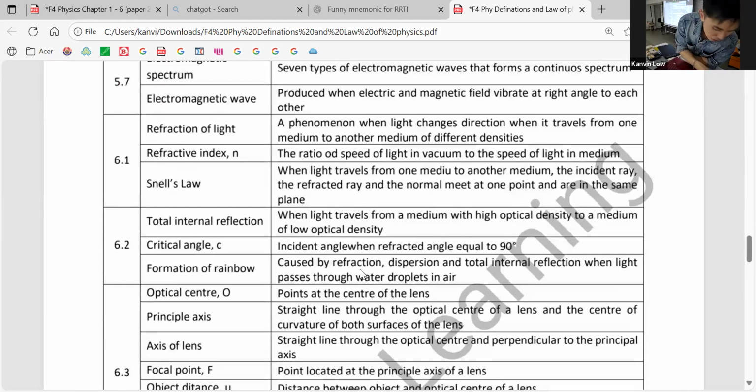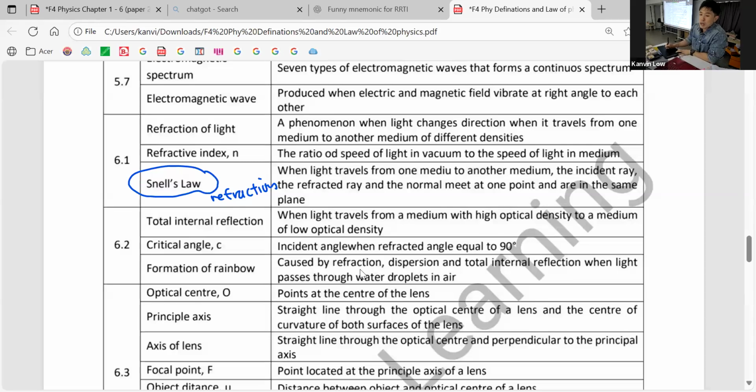Now I'm going to explain to you guys what is Snell's law. Snell's law is the law of refraction. So if there is a refraction question and they ask you what is the law of it, it's Snell's law.